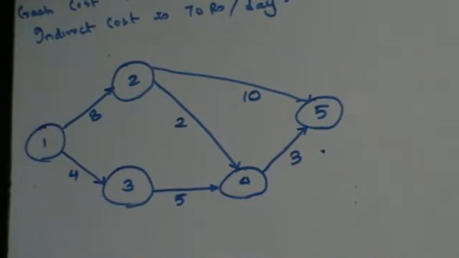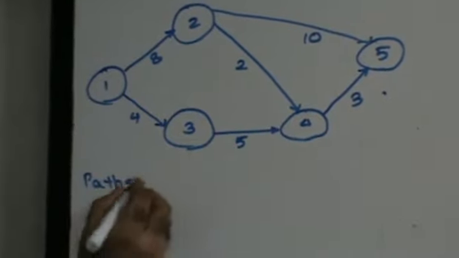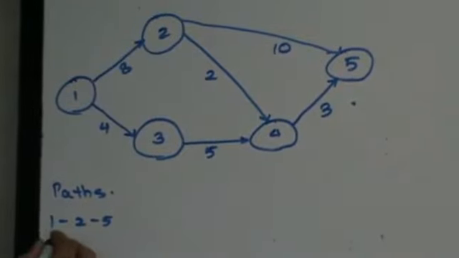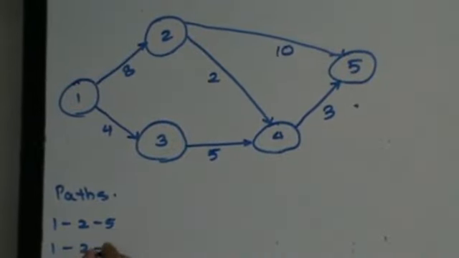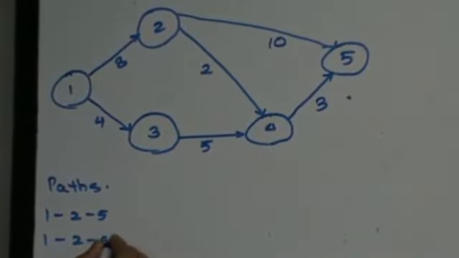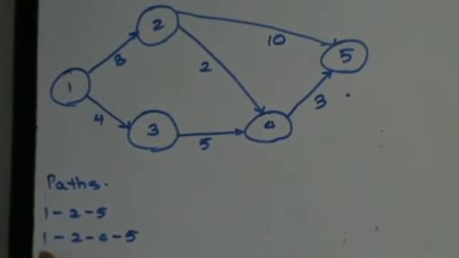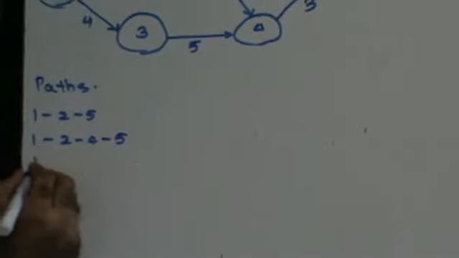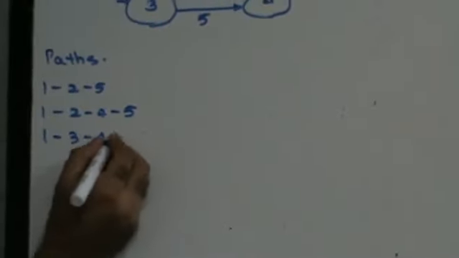Fine. Once my network diagram is done, let's see the paths. The various paths are 1, 2, 5; 1, 2, 4, 5; and 1, 3, 4, 5.